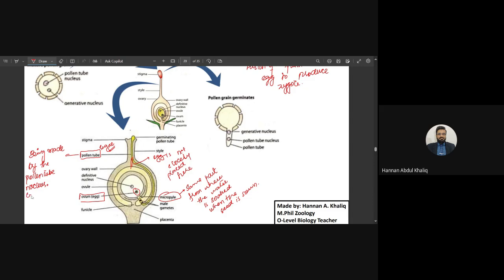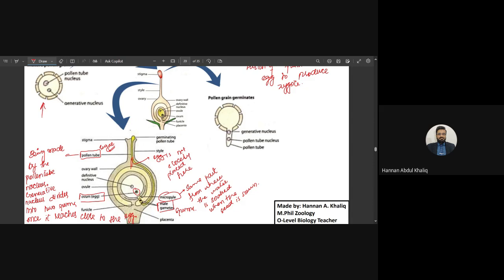And the generative nucleus, please look closely at the pollen to find the references, divides into two sperms once it reaches close to the egg. So you can see now here you can find male gametes or sperms.